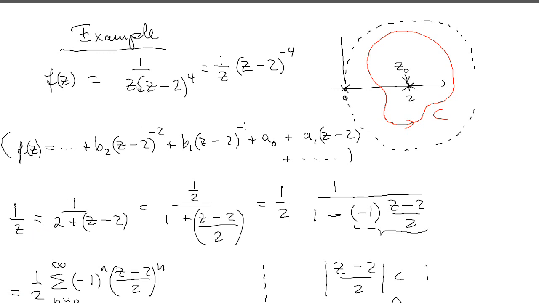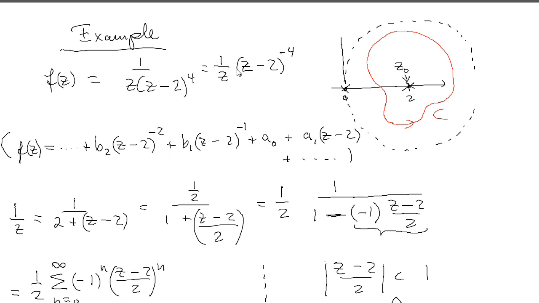First, we observe the following. If I find the Laurent series of this function 1 over z, it also looks like this. So by multiplying this Laurent series with (z minus 2) to the power of minus 4, I obtain a new Laurent series.